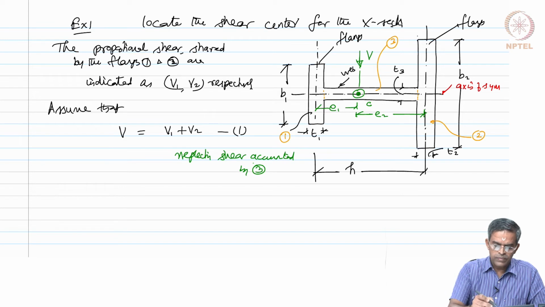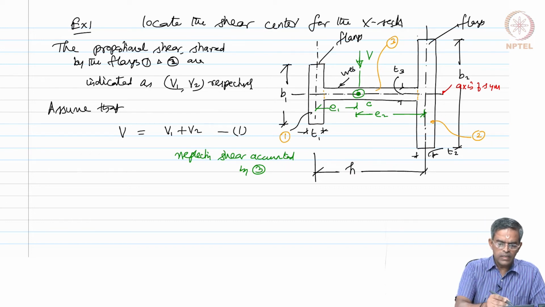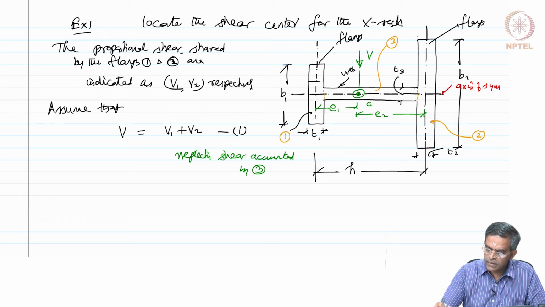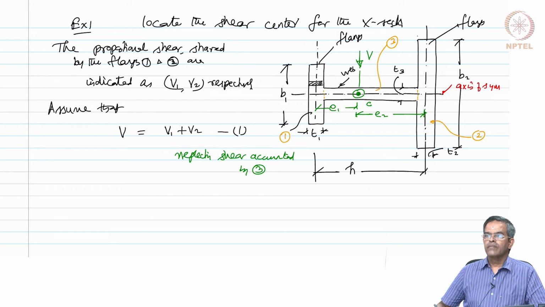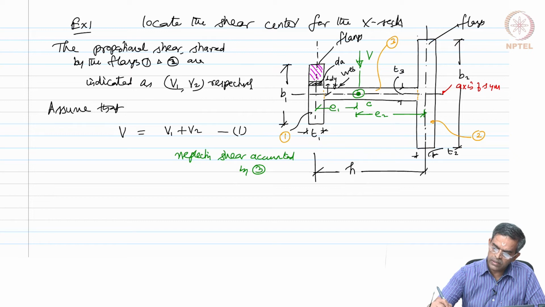So, now let us cut a section at a distance y of thickness dy, and the area shaded is dA, and this is the part above the section under consideration.